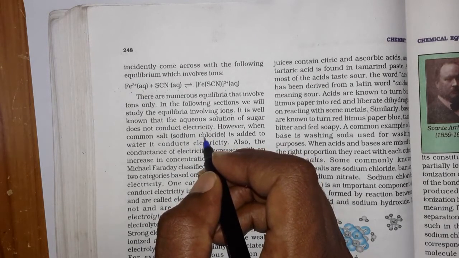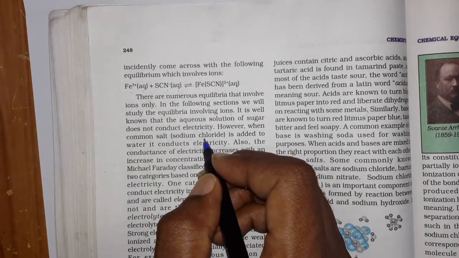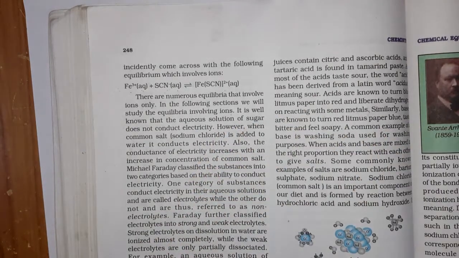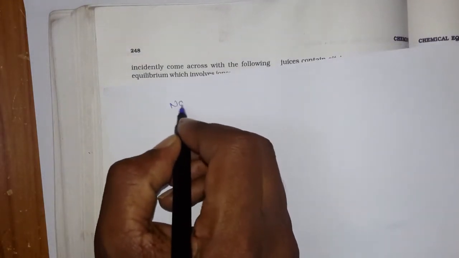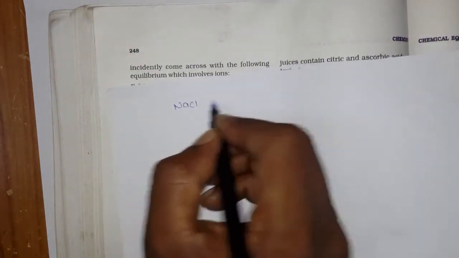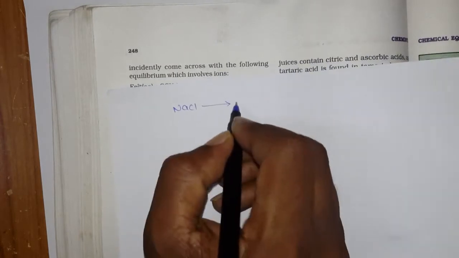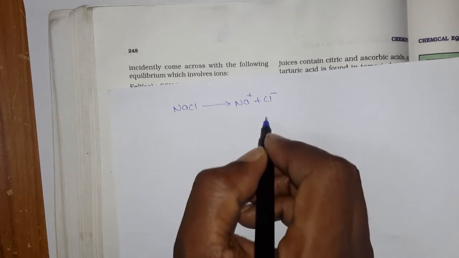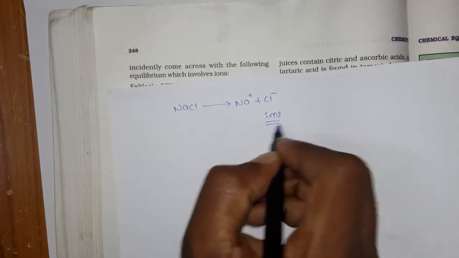When you take sodium chloride into water, what will happen? It will dissociate and give Na+ and Cl- ions. Just writing it here: sodium chloride, when dissolved in water, converts into Na+ and Cl- ions. You know that.